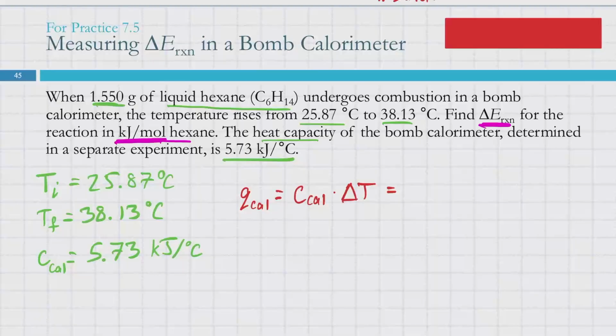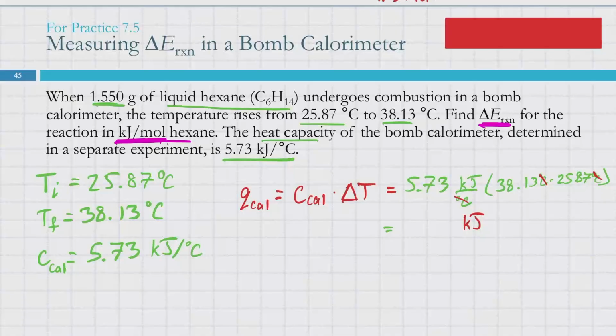So plugging in some numbers, 5.73 kilojoules per degree Celsius times T final minus T initial. Our degrees Celsius will cancel, so we'll be left with units of kilojoules.